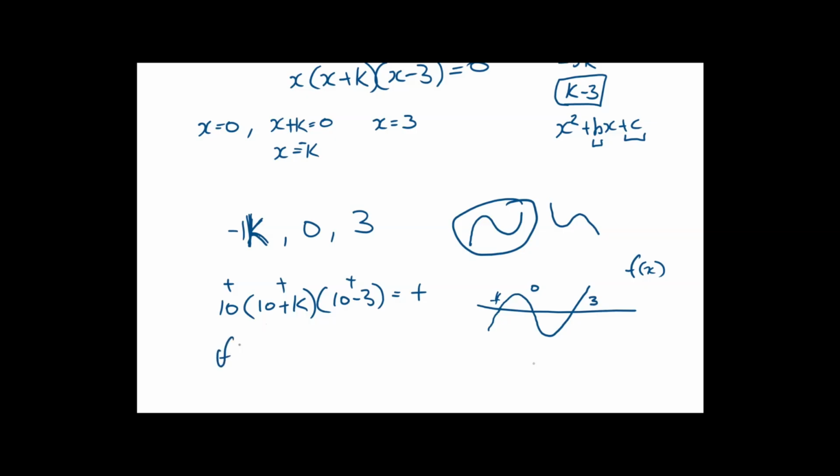So f of x must be decreasing from greater than negative infinity, I know that's not how it goes, to k, and on the interval from 0 to 3, because it's negative here and it's negative here.